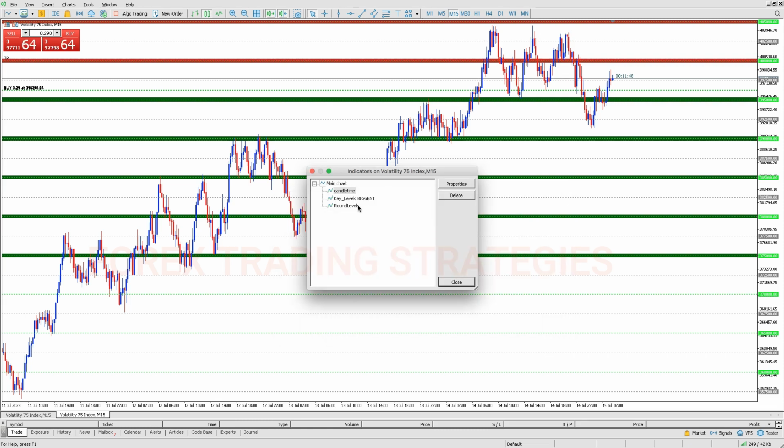Then we go to this key levels biggest. These are the dashed lines. You can see there are black dashed lines and there are these green dashed lines. So that's this indicator. We are just going to go into those settings.